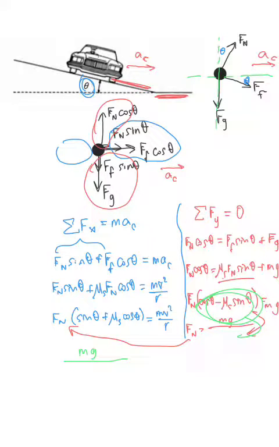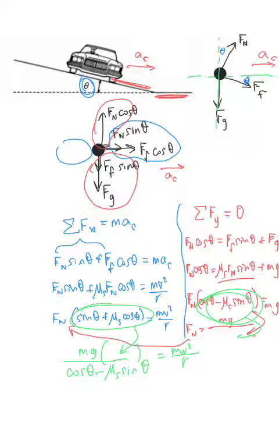So that is over cosine of theta minus mu s sine theta times all this stuff, which goes in the numerator, and that's going to have to be in parentheses, is equal to mv squared over r. Well, I think I've already probably done more than I need to. You can figure out the rest of this based on what cancels out on both sides, and then just solving for v, and you've already got the final answer given.